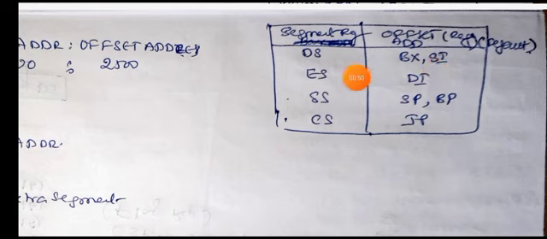In the case of the extra segment, the offset address must be present in the DI register. The DI register is always added to the ES register to produce the physical address. For the stack segment, to generate the physical address, the offset address can be present in the SP register or BP register.